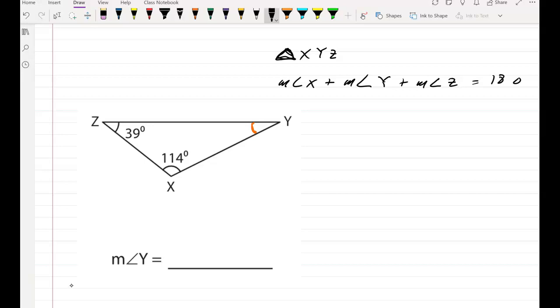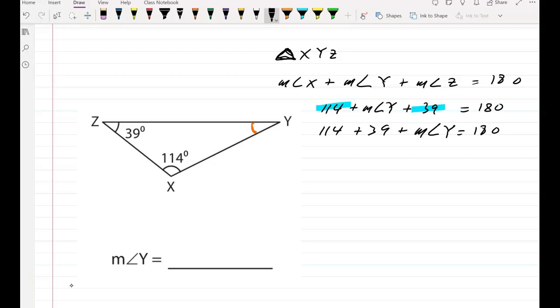We know that the measure of angle X is 114. The measure of angle Y we don't know, but we know the measure of angle Z is 39, and they have to equal 180. Combine our like terms, 114 and 39. 114 plus 39 plus the measure of angle Y equals 180.